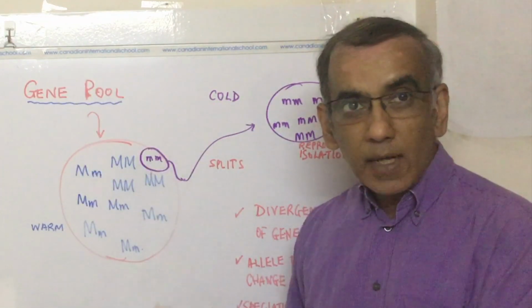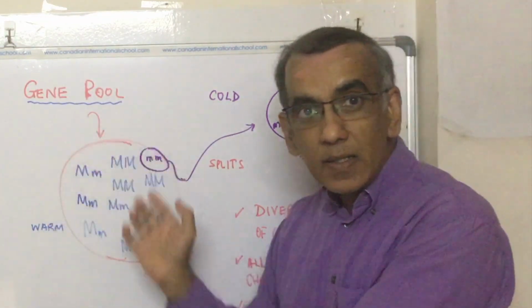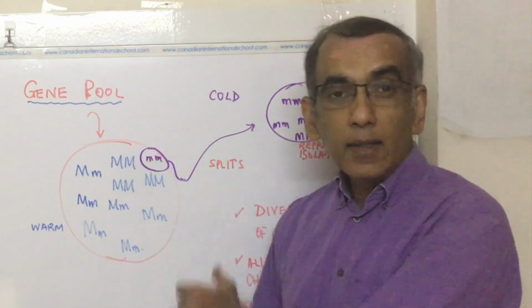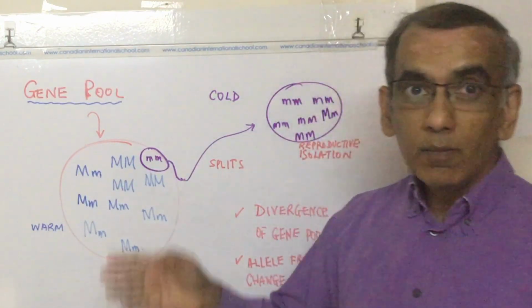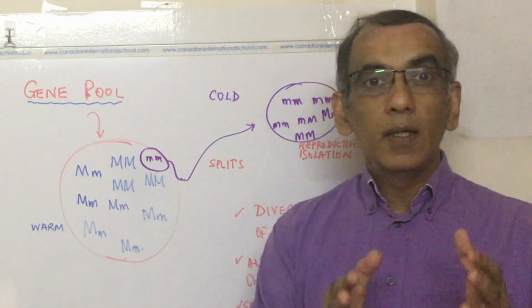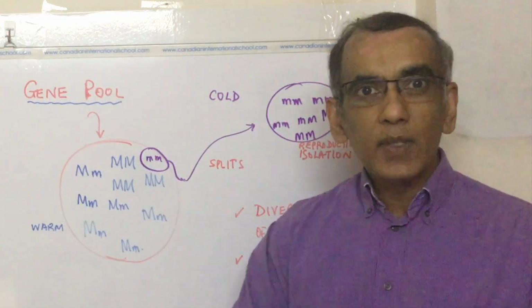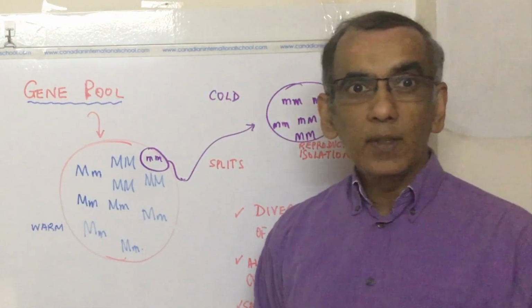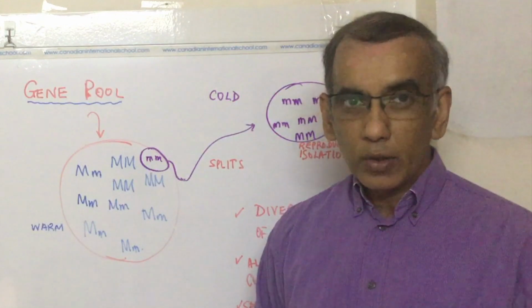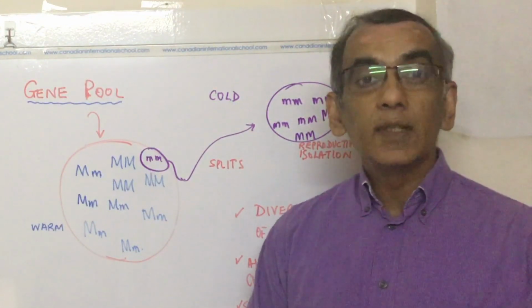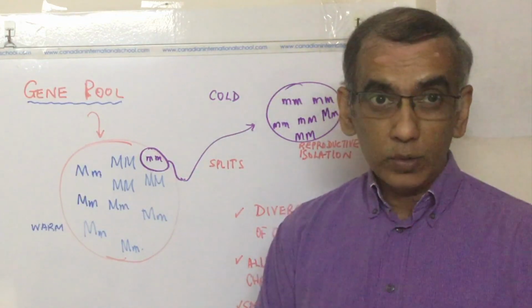Let's consider, for example, we had some mice living on a tropical island, and in those mice, big M, little m gave the mouse a nice medium-sized coat. Two big M's would give the mouse a very short coat, and two little m's gave the mouse a very long coat.